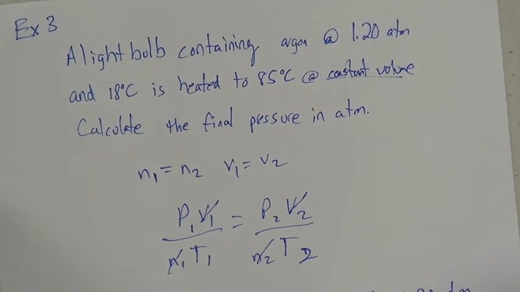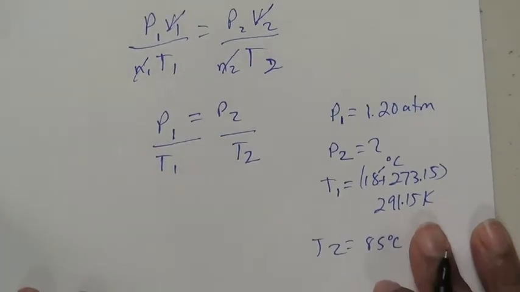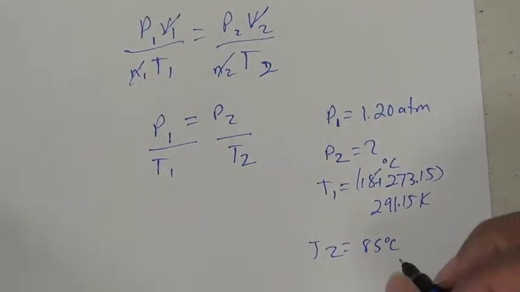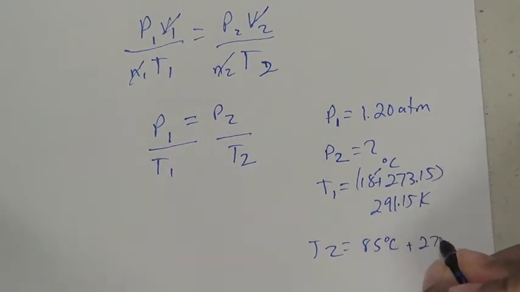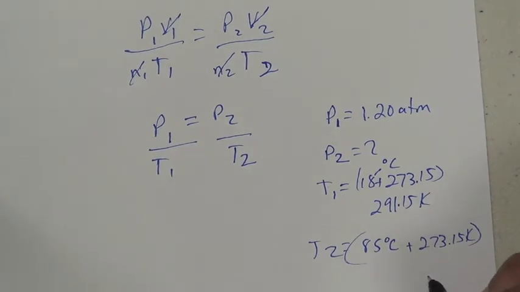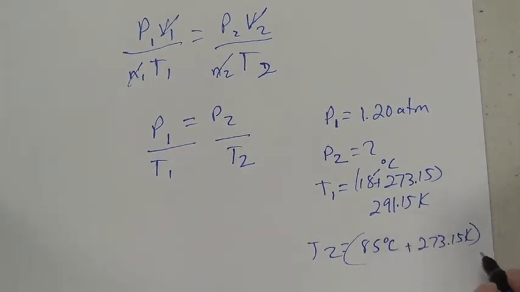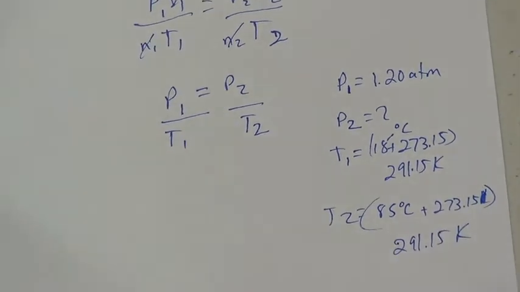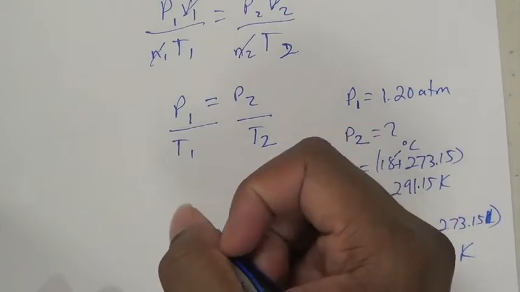Our T2 is going to be 85 degrees Celsius plus 273.15, which is 358.15 Kelvin. It's a simple plug in.